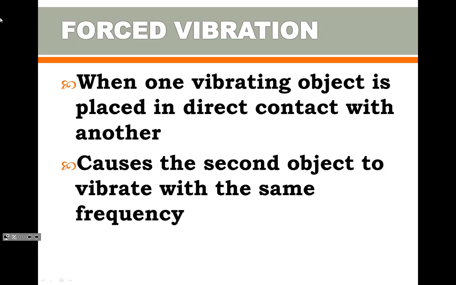So don't get too caught up on forced vibration. I just want you to know what it is, so if you hit a question on your test, you know what we're talking about. So forced vibration does this or that. Sometimes they use this as just part of the wording in a story problem, so now you know what they're referring to.